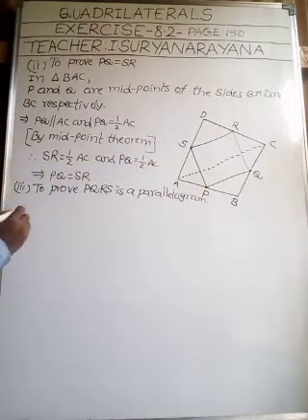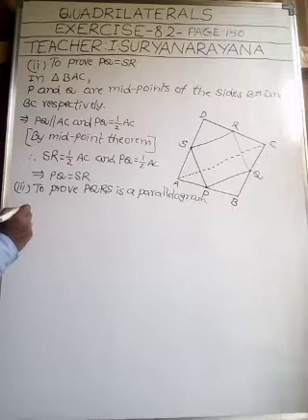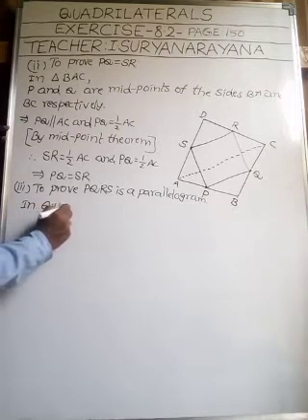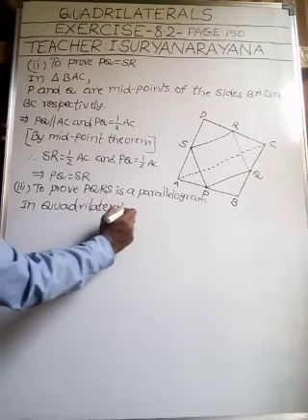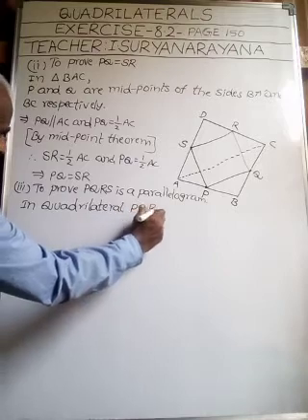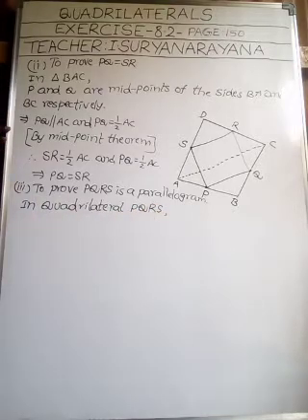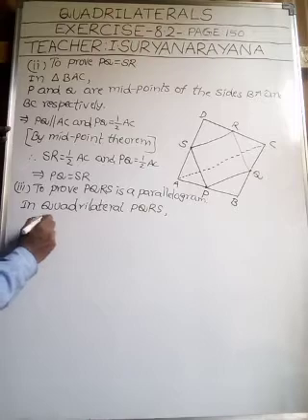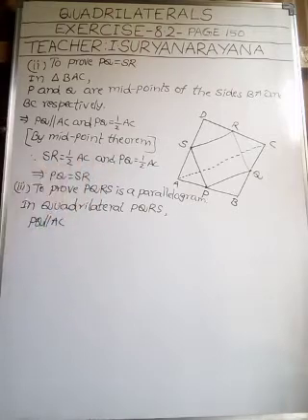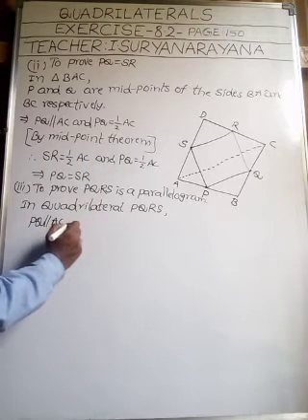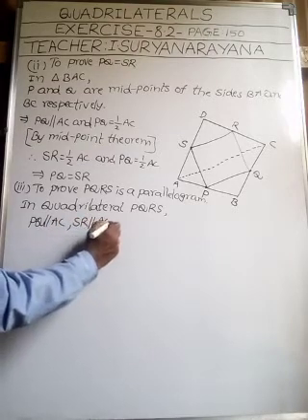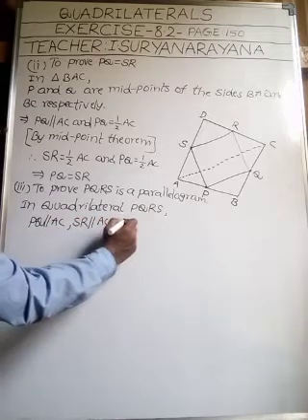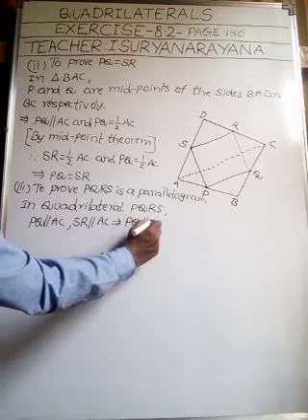So in the quadrilateral PQRS, PQ is parallel to AC and SR is parallel to AC. This implies PQ is parallel to SR.